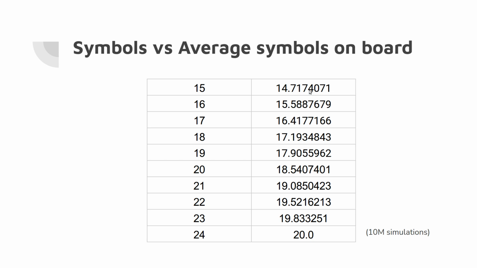And by the way, this is false precision because of the 10 million simulations. So probably don't trust the last 4 decimal places here. I'm pretty confident with this 717, but 4071, etc. This is fake precision. There'd have to be a lot more than 10 million simulations to get more.